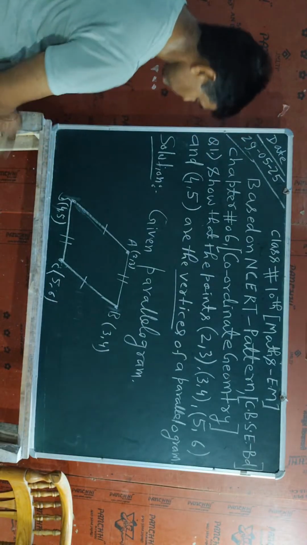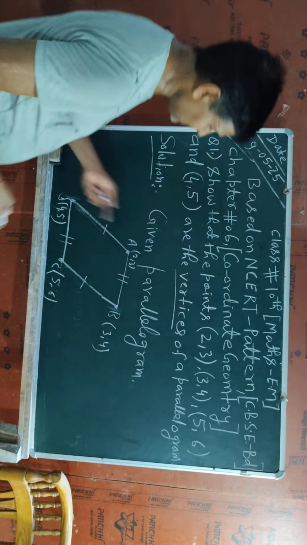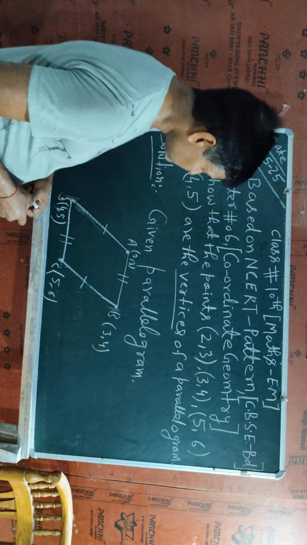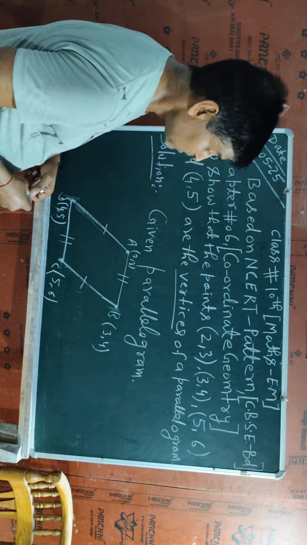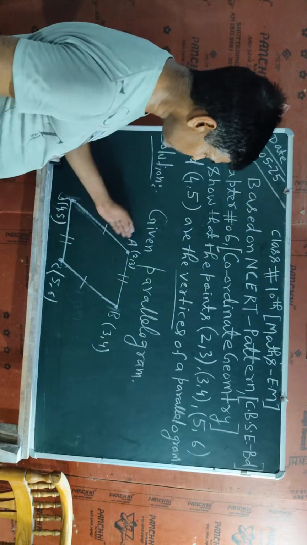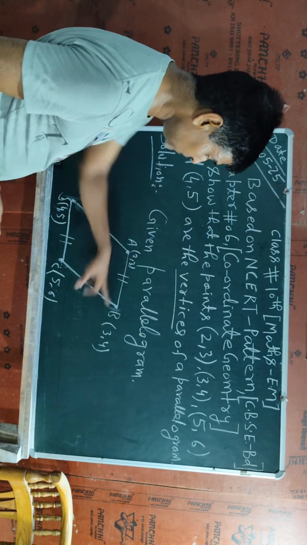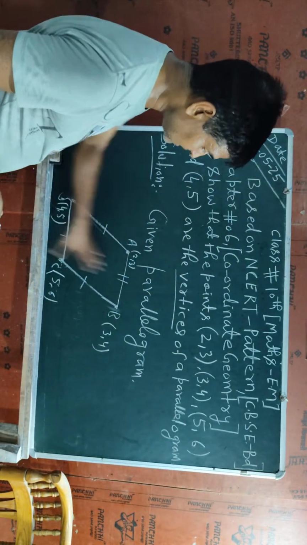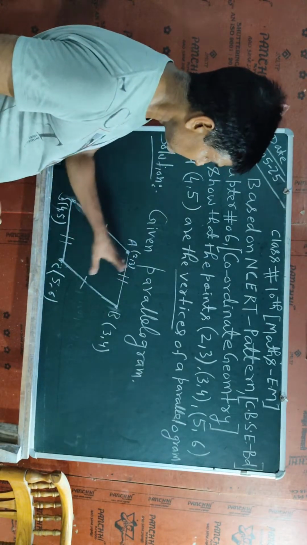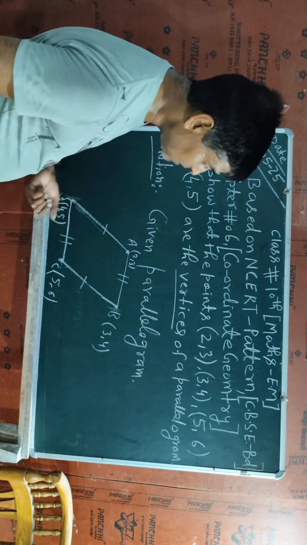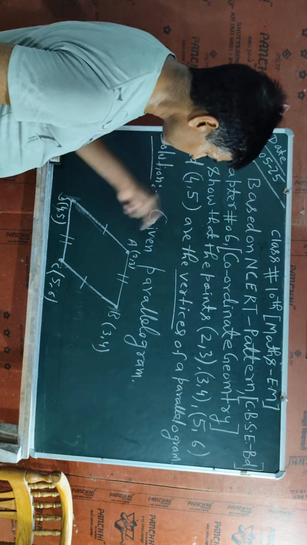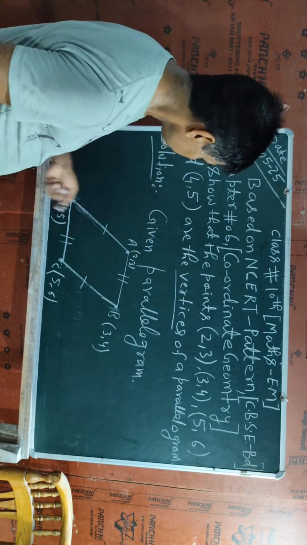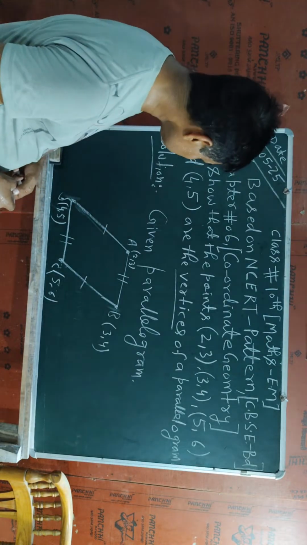Now I am going to use the distance formula for getting the length of all 4 sides of the parallelogram, and after getting them, I will equate AB with CD. It means this condition will be available when these are the vertices of a parallelogram. Okay, student. So according to this way, I will find its value.